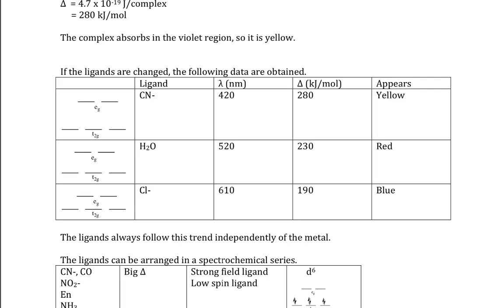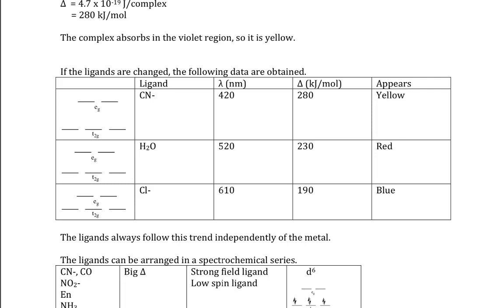Here, in that first row of this table, we have the energy splitting diagram. The ligand in our complex is CN minus, we worked with the wavelength of absorbed light of 420, we calculated the delta to be 280 kilojoules per mole, and we predicted it to be yellow.